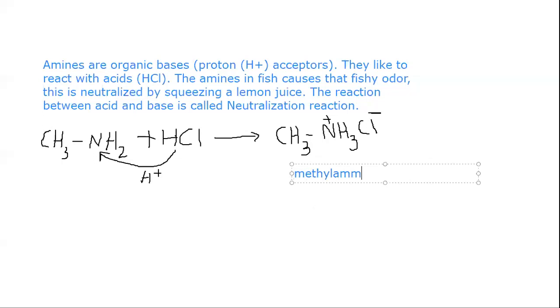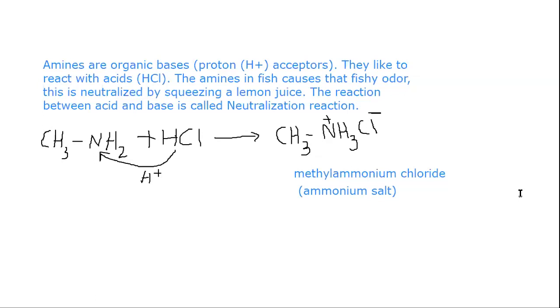It's called ammonium. Methyl ammonium chloride. This salt is called an ammonium salt. The general name is ammonium salt. The exact name of the salt is methyl ammonium chloride.